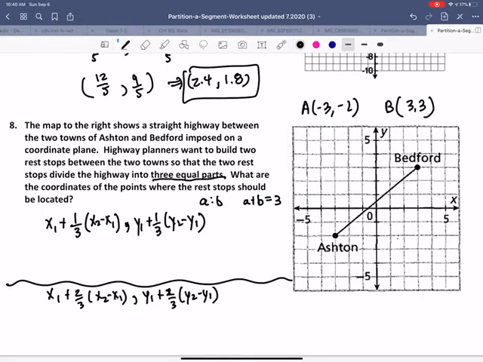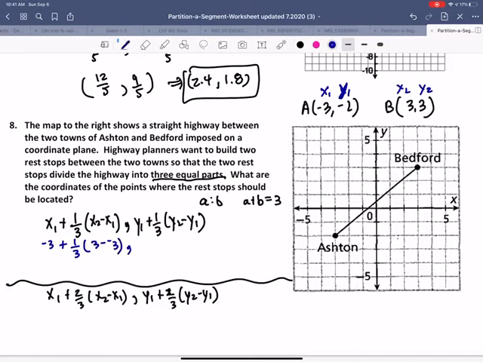Okay, now our values, right? X1, Y1, X2, Y2. So here X1 is -3, and our X values are 3, subtract -3.